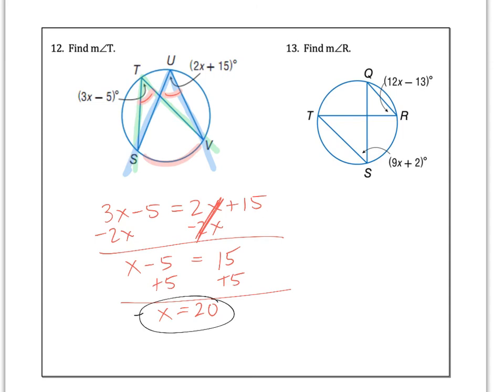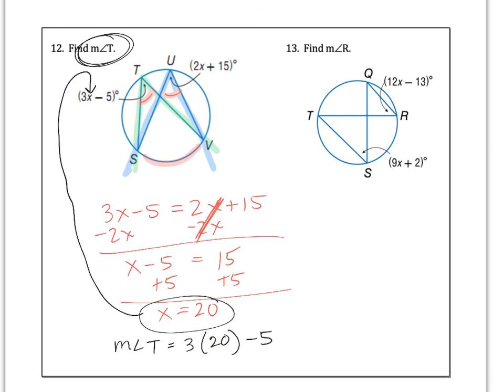You have to take that 20 and you have to plug it in. It wants the measure of angle T. So the measure of angle T is going to be 3 times 20 minus 5. Well, 3 times 20 is 60, and 60 minus 5 is 55. So that is your final answer.